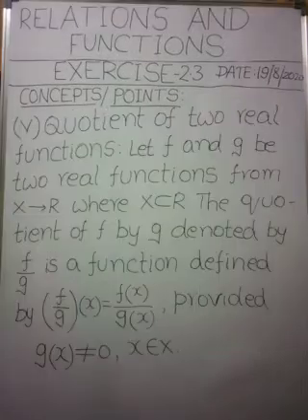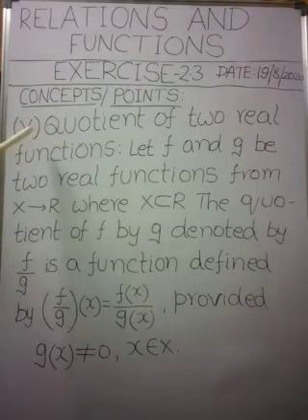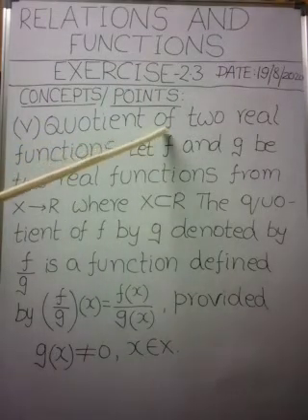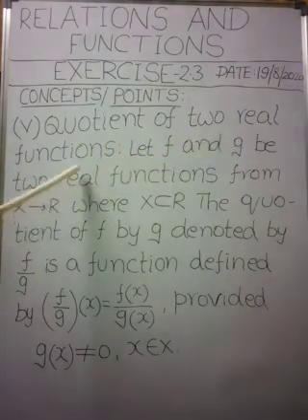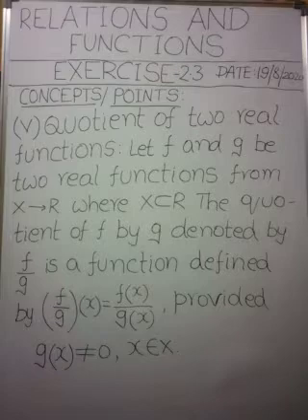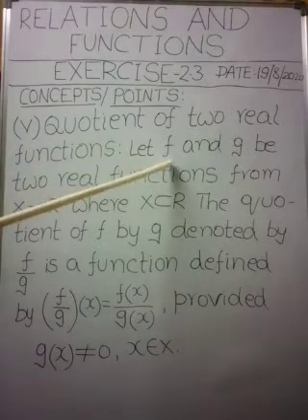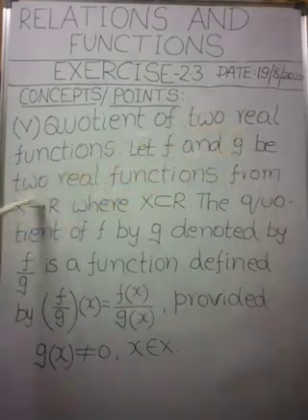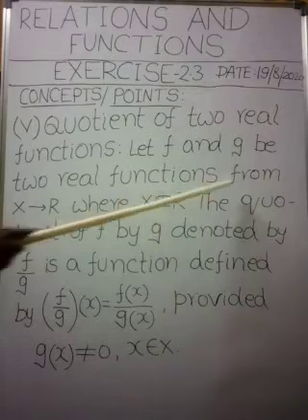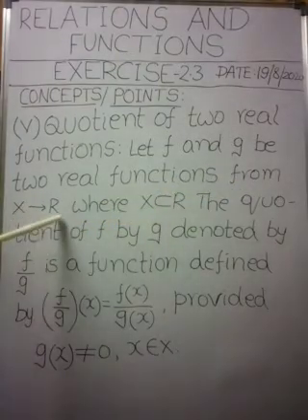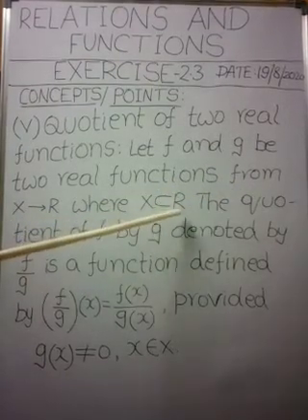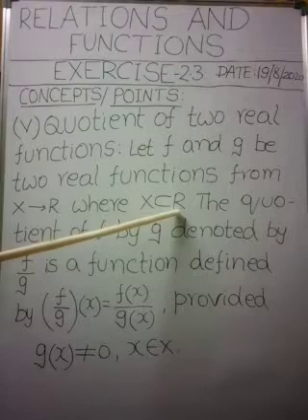Right. Now come to the last point, that is quotient of two real functions. Here we are defining the quotient of two real functions. Let f and g be two real functions from X to R, where X is a subset of R, the set of real numbers.